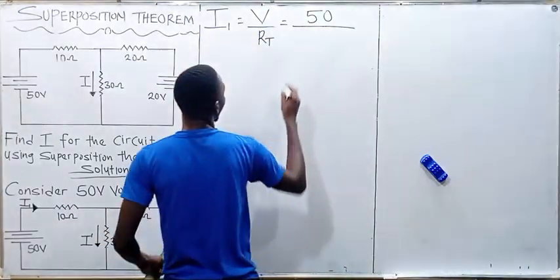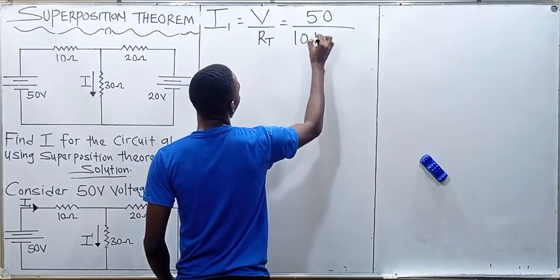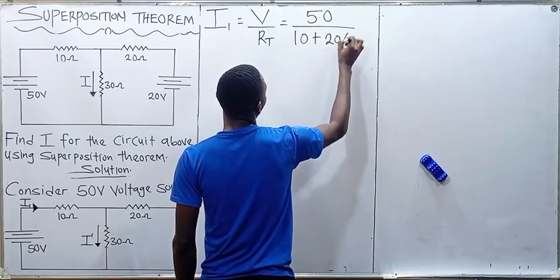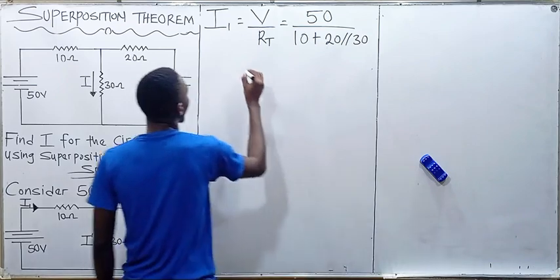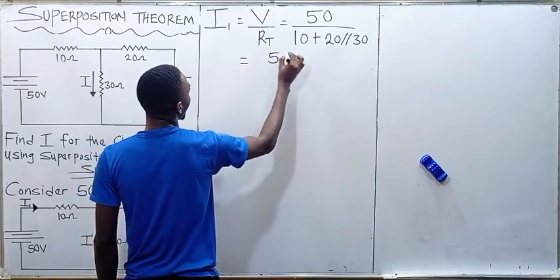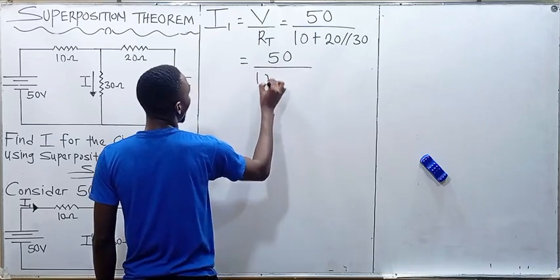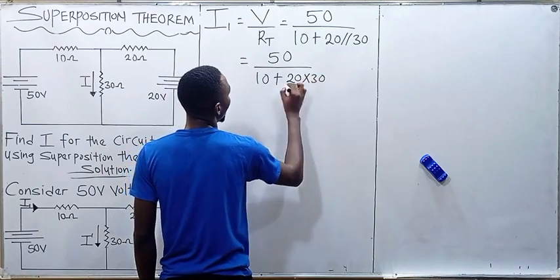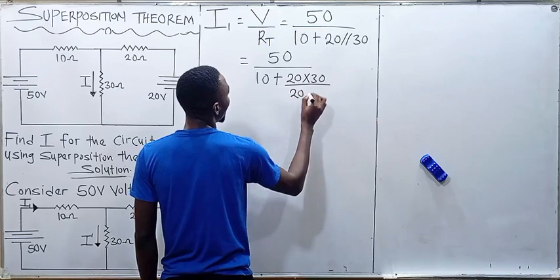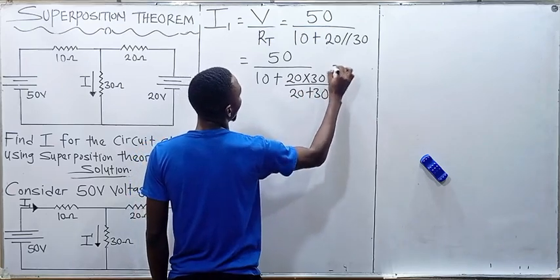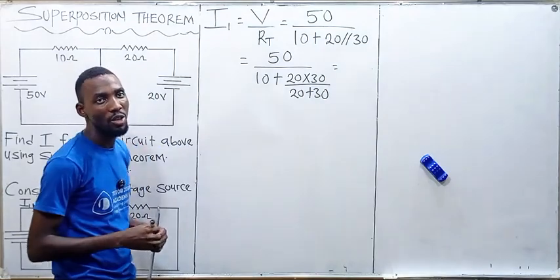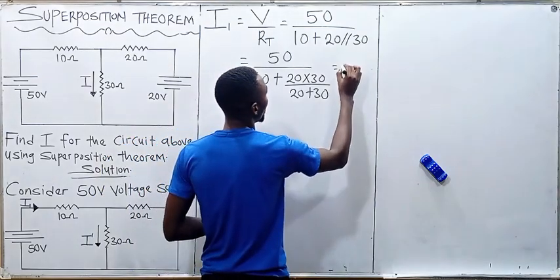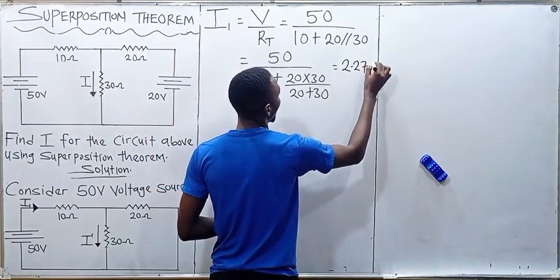So we can say this will be 10 plus 30 parallel to 20, or 20 parallel to 30. If you write that properly, this becomes 50 all over 10 plus 20 multiplied by 30 all over 20 plus 30. If you press this directly in your calculator, you are going to have your result to be 2.27 ampere.